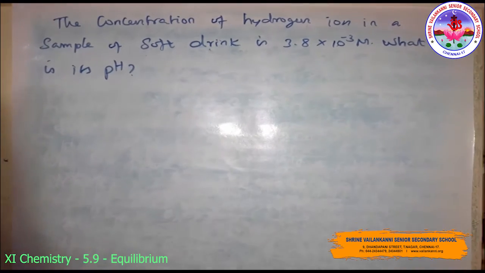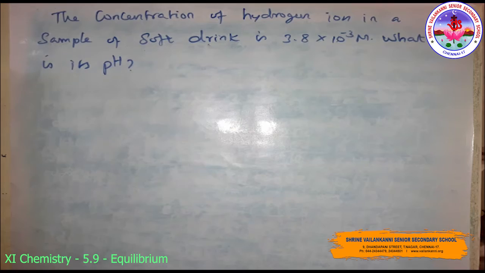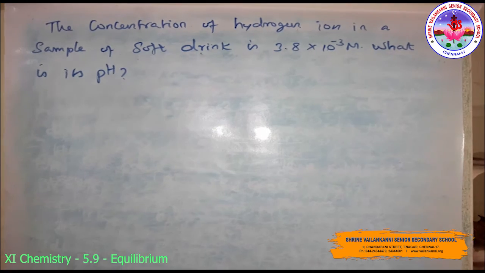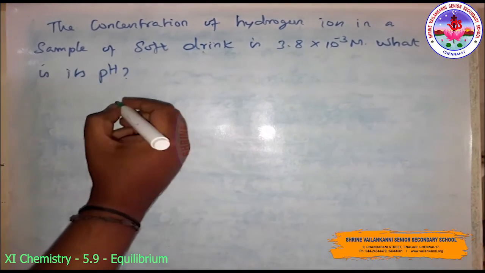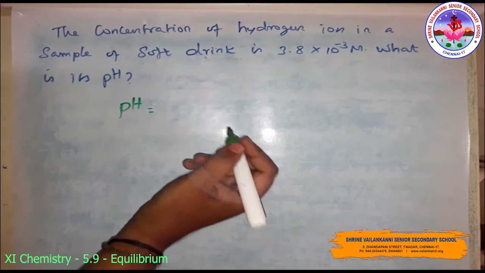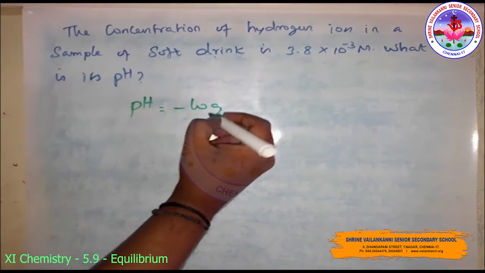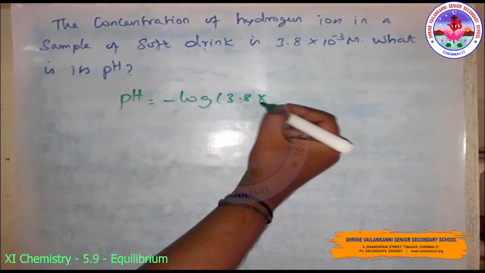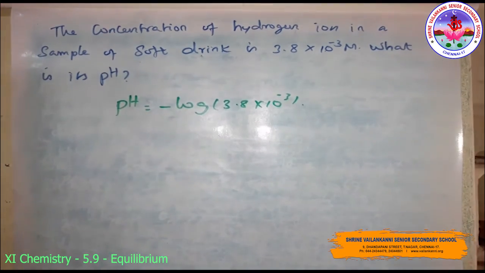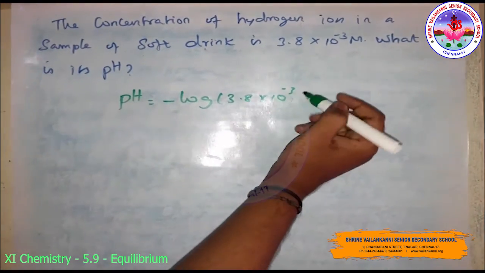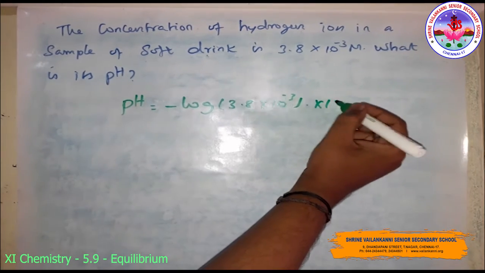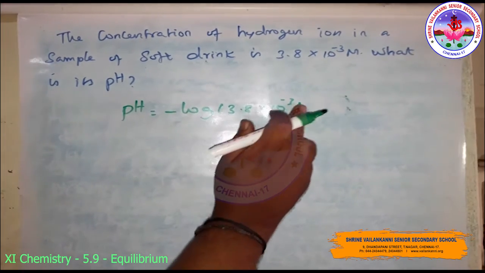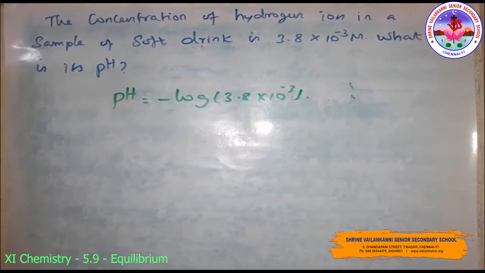The next problem: the concentration of hydrogen ion in a sample of soft drink is 3.8 into 10 power minus 3 molar. What is the pH of this solution? So pH is equal to negative log of H plus, so negative log of 3.8 into 10 power minus 3. Taking logarithms, this is minus log 3.8 plus log of 10 power minus 3.